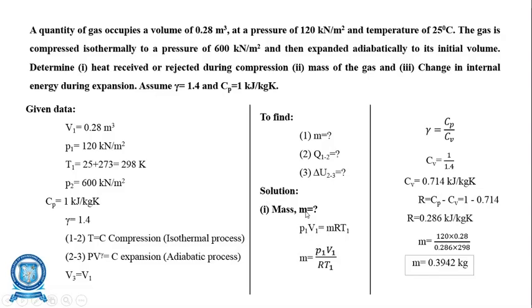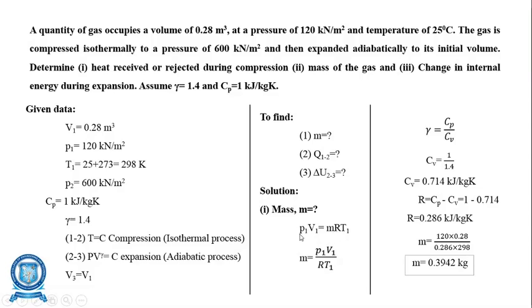Here we are going to find all the determinations. The first question is heat rejected or received. Before finding this, finding the mass is very important. So initially I am finding the mass from the gas equation, P1 V1 is equal to mRT1.